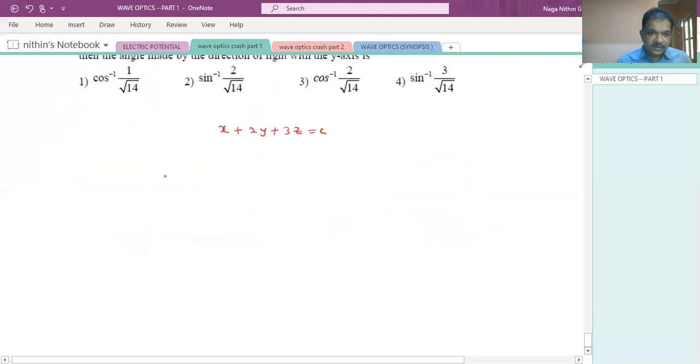This is direction cosine. Cos beta is equal to a_y by mod a. a_y will be 2. Under root, 1 square plus 2 square plus 3 square, so 2 by root 14.